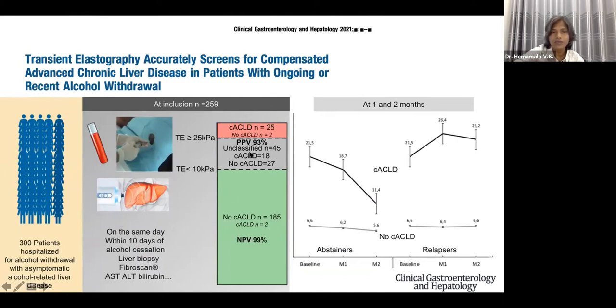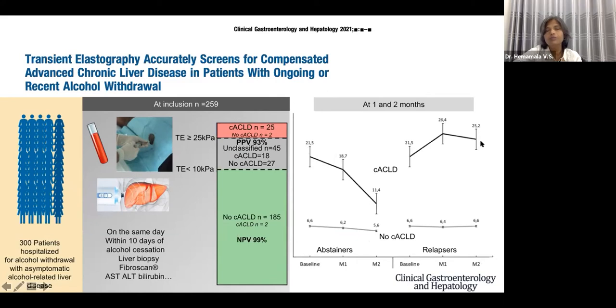Among the patients in between 10 and 25, they repeated this liver stiffness at month 1 and month 2. If they have abstained from alcohol, they see that it has dropped by more than half, from 21 down to 11. So more than 50% of people who abstained, it has dropped very well, whereas people who continue to take alcohol, it continues to remain high.